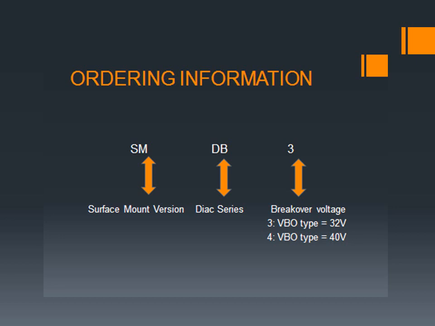The DB is the diac series, and DB3 means the breakover voltage type having the voltage as 32 volt, and DB4 is having the breakover voltage as 40 volt. Only the difference in the breakover voltage of diac.